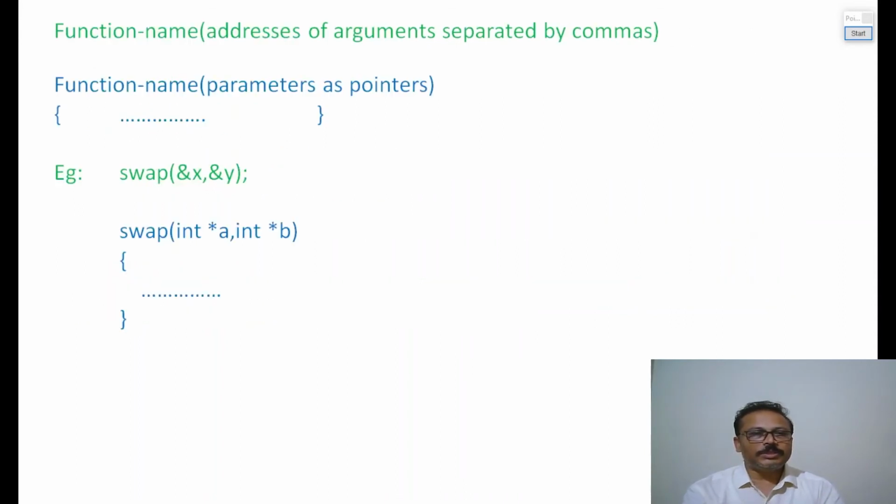So this is an example of using pointers. This is the function name. Whenever you want to invoke the function, you have to specify the function name, followed by the addresses of the arguments separated by commas.